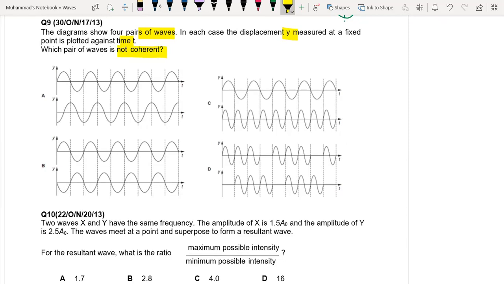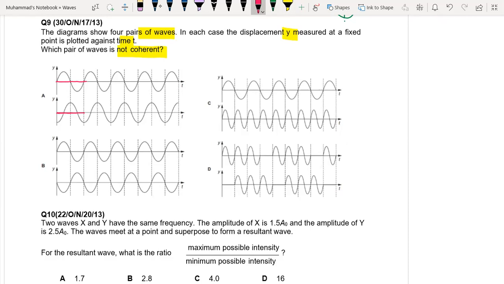So for coherent waves, the wavelength of the two waves must be the same, and the frequency of the two waves must be the same. You can see in option A, these two waves have the same time period. So this means that they will have the same frequency and same wavelength.